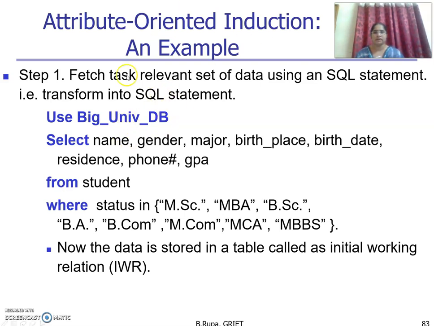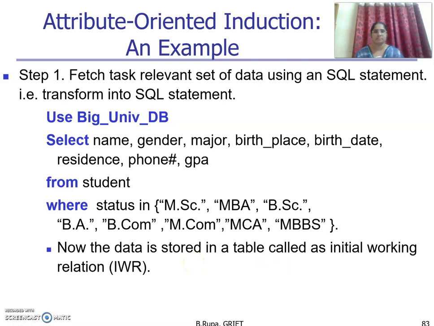We can write a query as: use big university database, select all the attributes name, gender, major, birthplace, birth date, residence, phone number, GPA from students, where status in the graduate branches: MSc, MBA, BSc, BA, BCom, MCom, MCA, MBBS. Now the data is stored in a table called the initial working relation. We can use SQL statements and retrieve the data in the form of a table.